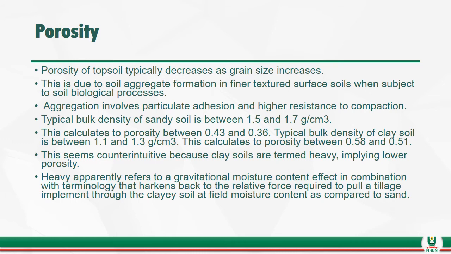The typical bulk density of sandy soil is between 1.5 to 1.7 gram per cm cubed, which is to say that sand has very high bulk density compared to clay, and this calculates to porosity between 0.43 and 0.35. The typical bulk density of clay soil is between 1.1 to 1.3 gram per cm cubed.